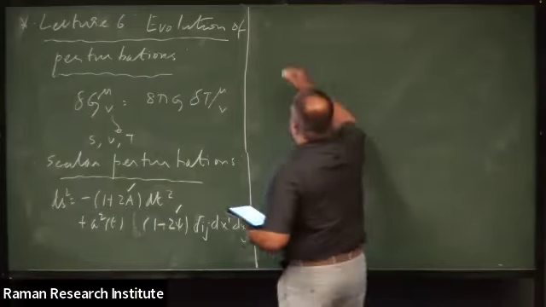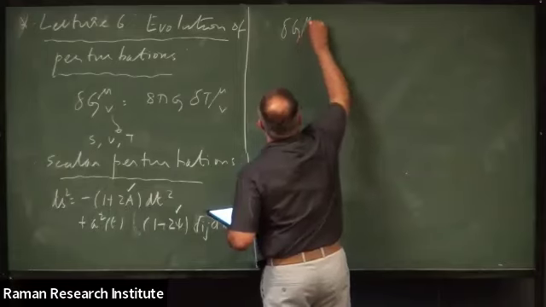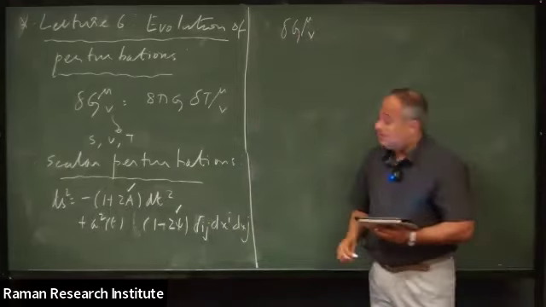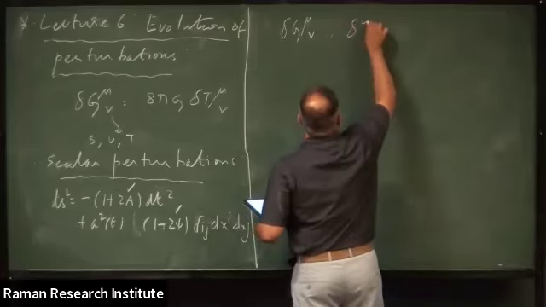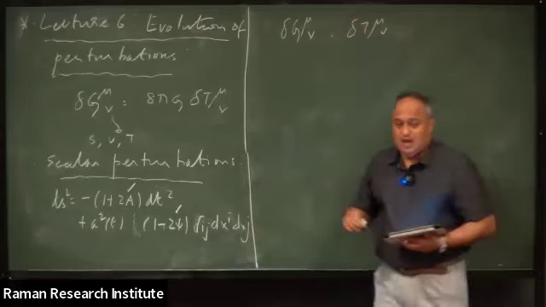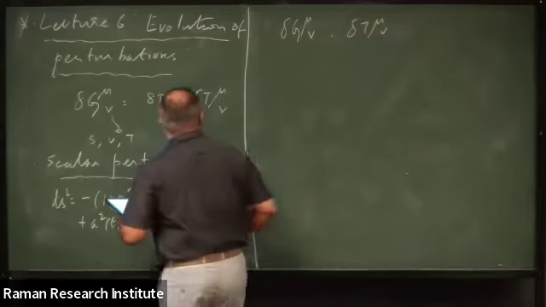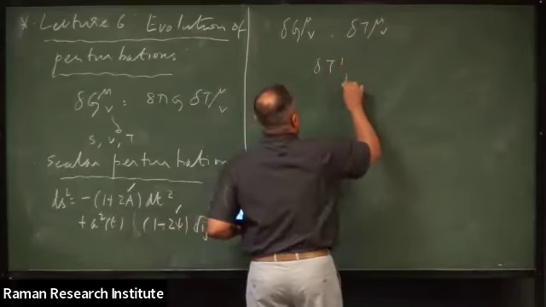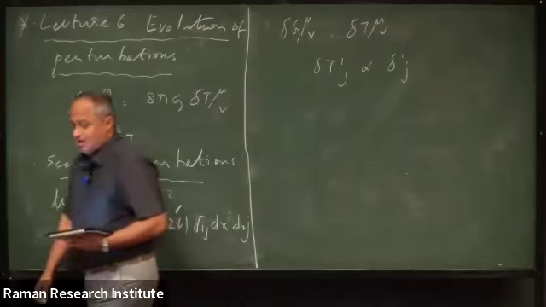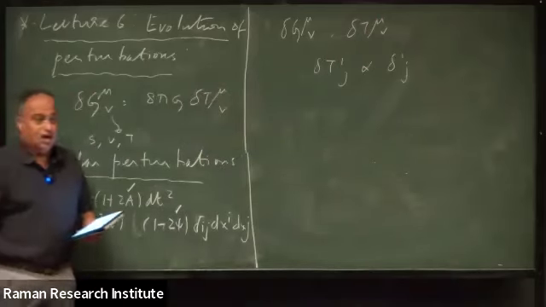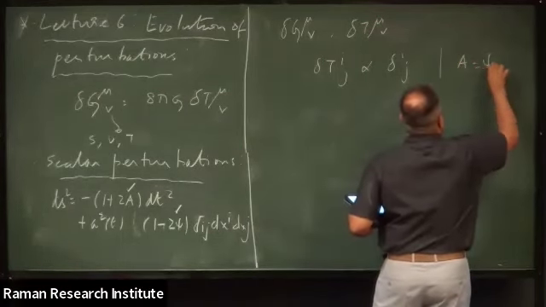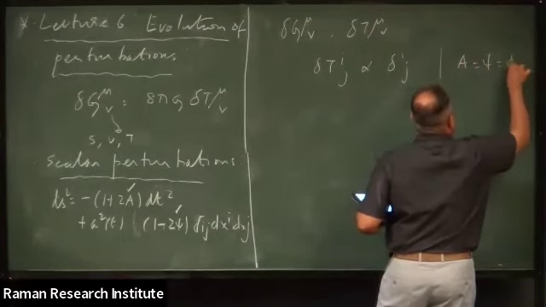And you need to calculate delta G mu nu. I wrote down in the morning the complete delta G mu nu that arises from this. And I also wrote delta T mu nu. And it's a matter of equating them. And what we saw was that if delta T ij was proportional to delta ij, that is a situation where no anisotropic stresses are present, then we saw that A equals psi, which I'm going to hereafter call capital phi.